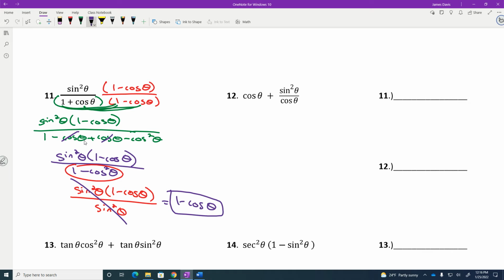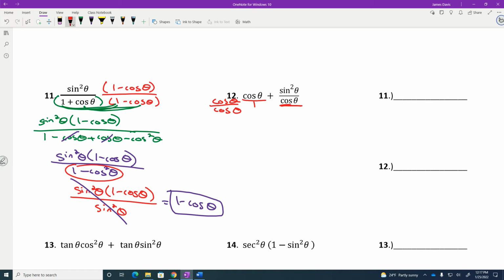Do they have the same denominators? No, they don't, right? This one's just the denominator of 1 right now. So to add those, you need the same denominator. Well, this denominator is cosine, so we multiply this by cosine over cosine. Right?